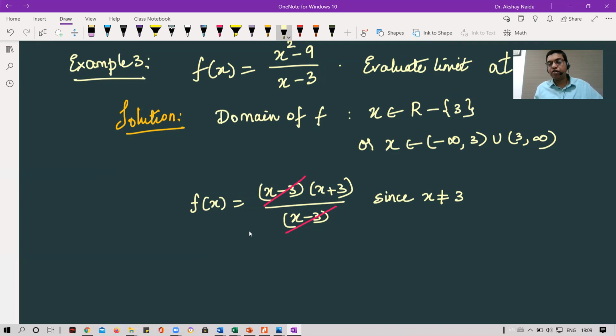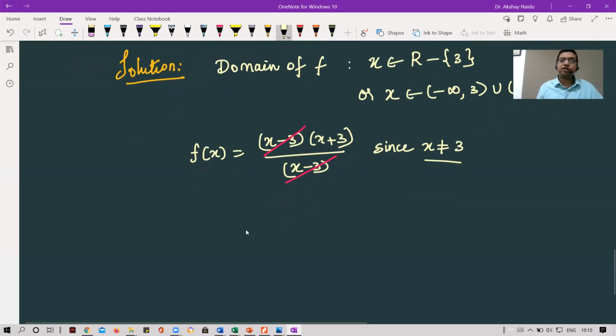Now this denominator is never 0 because x is not equal to 3. Even if it is 2.99, it is a division by 0.01 or minus 0.01, like that. So it is a finite number. Understood? So we can cancel this factor only since x is not equal to 3. So now it behaves like f of x is equal to x plus 3.